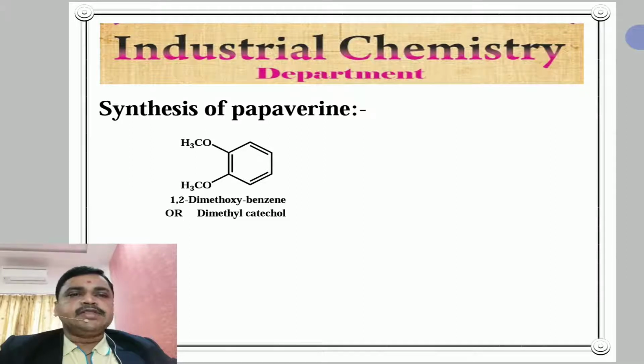For homoveratrylamine, we start with dimethyl catechol. Here is the structure of dimethyl catechol. It is also known as 1,2-dimethoxybenzene. So, we start synthesis of homoveratrylamine from dimethyl catechol.